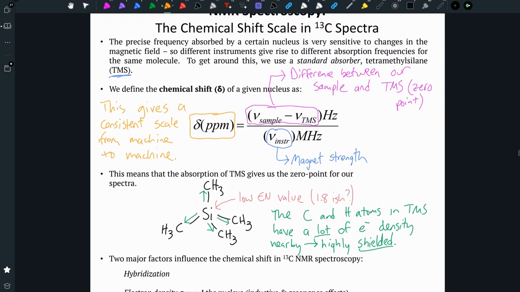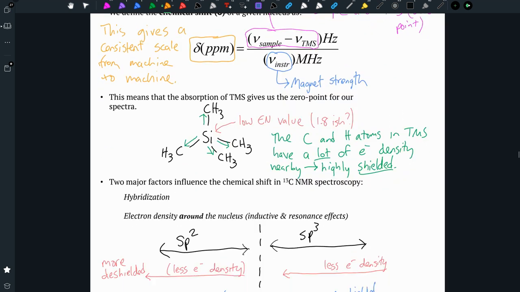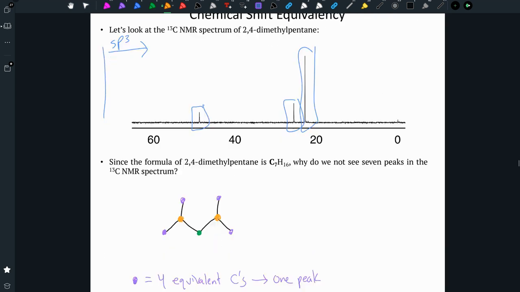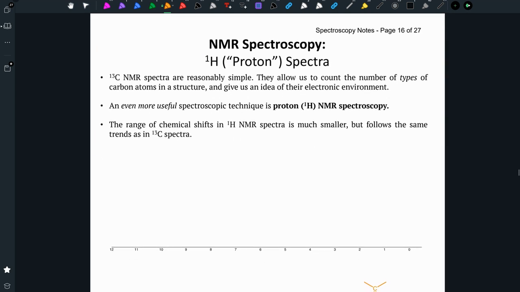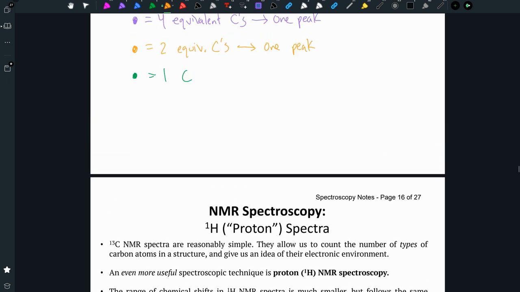So I'm going to go on and talk about proton NMR, which is really the main event, where I want you to be able to read these. Proton NMR is more useful, partly because carbon-13 NMR, we mentioned back in the mass spec lecture that only about 1% of carbon atoms are carbon-13.